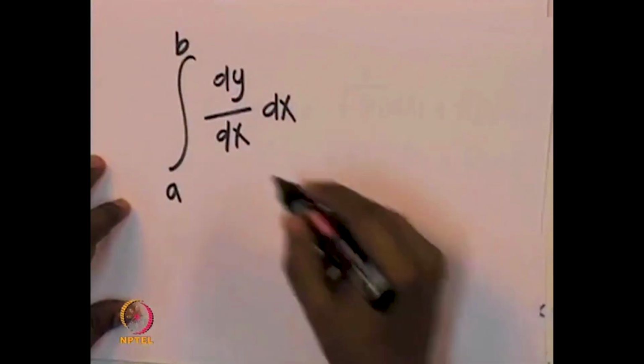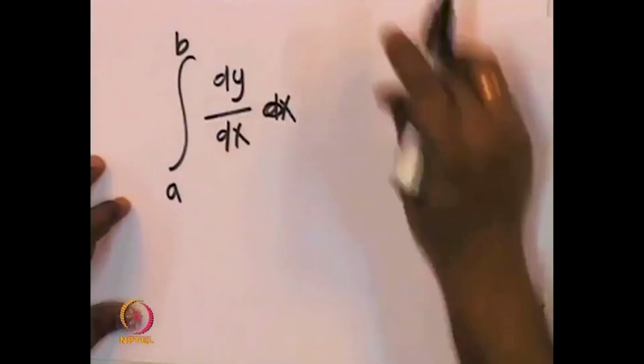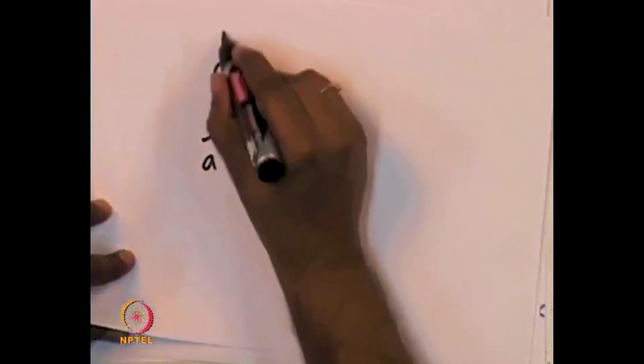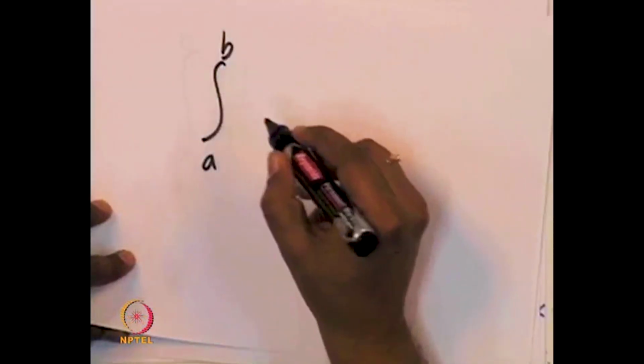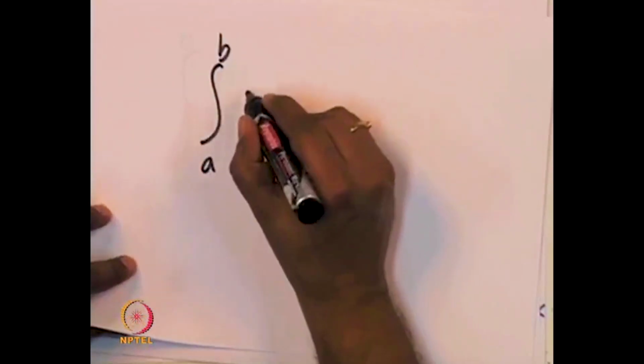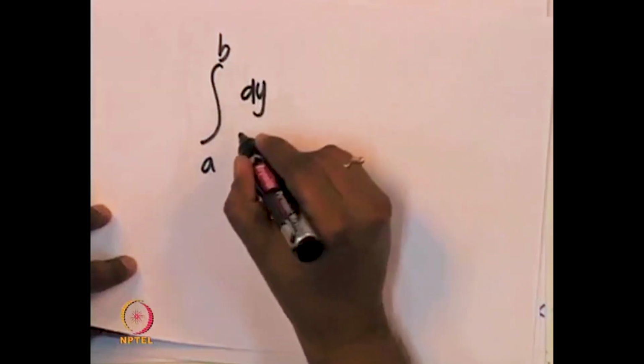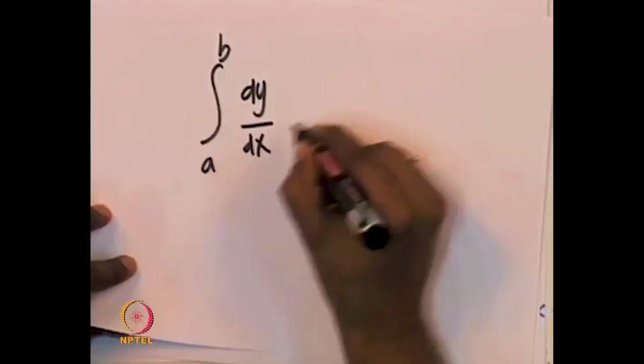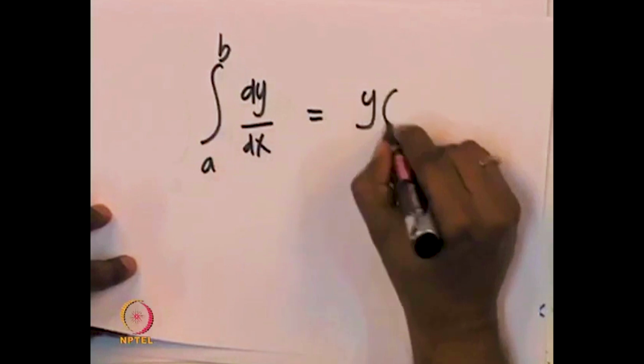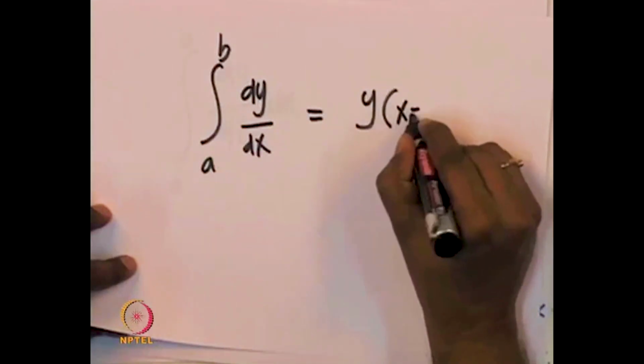So we want to find out the integral of this. Let us take a different example. Let us take the integral from a to b of dy by dx, and the answer of this is y at x equal to a.